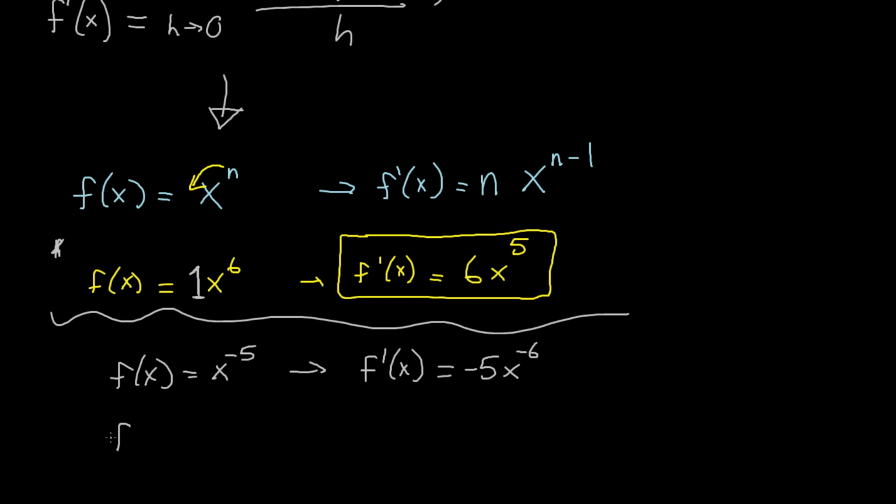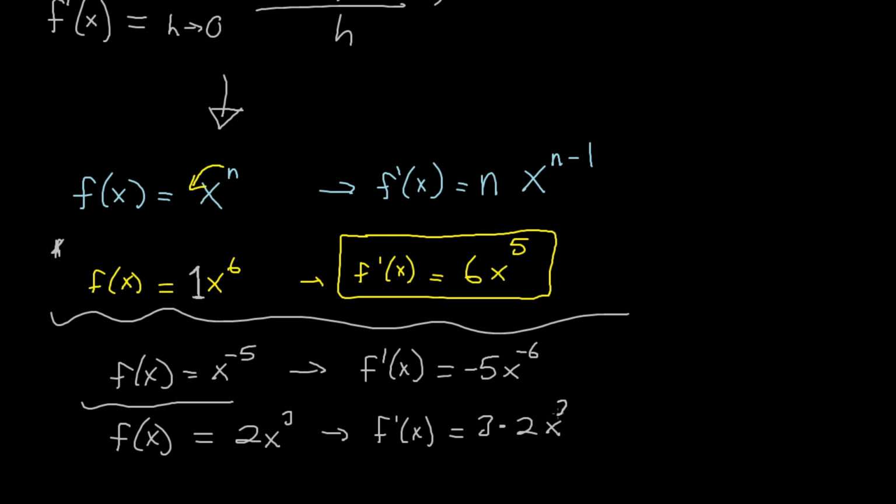But if you had a constant in front of your function already, so if we had f of x is equal to 2 times x cubed, and we wanted the derivative of this, when we pull down that 3, we're multiplying it by the 2. So we do 3 times 2, and then this would be x raised to the 3 minus 1. So then our whole thing would be 6x squared in that case. So yeah, just keep that in mind as well.